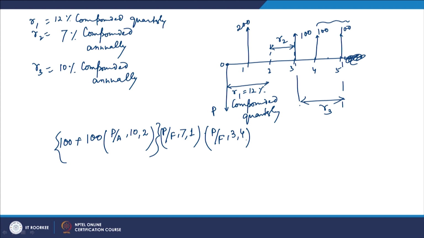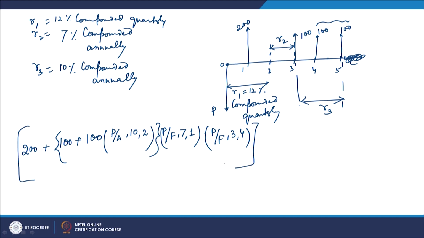So, you are coming to this point. Now, here you will add 200, because you are coming to this point where you already have 200 rupees of transaction. So, this is how you get the equivalent amount at this point.